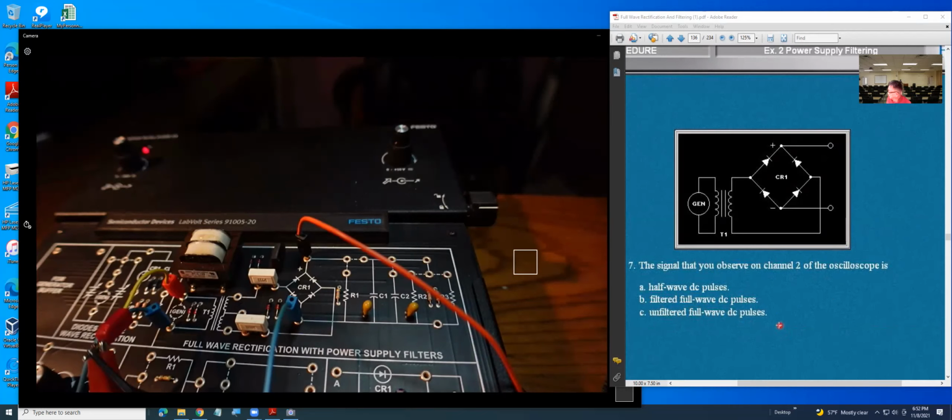If you look at the scope we showed you, it has to be full wave, not half wave. So the answer will be A or B or C. Which one do you think?